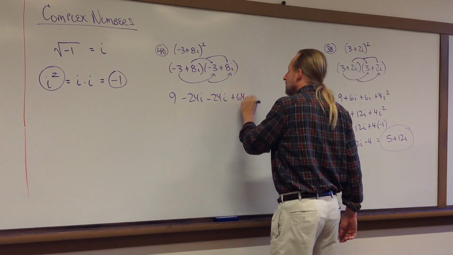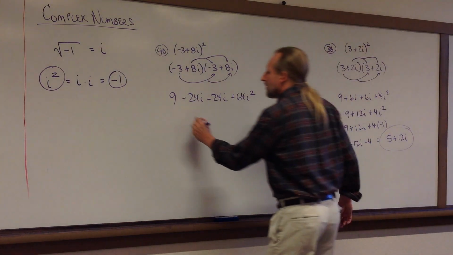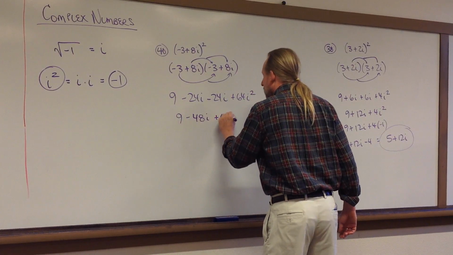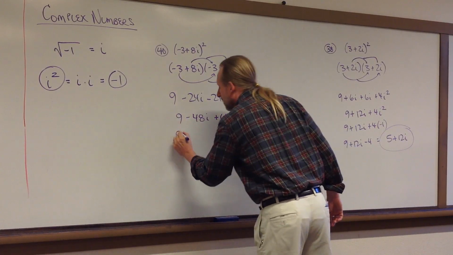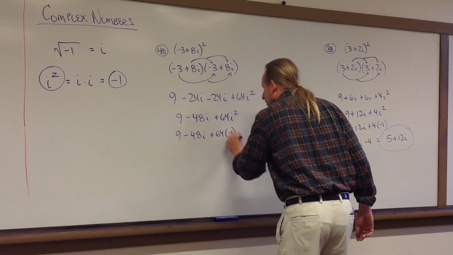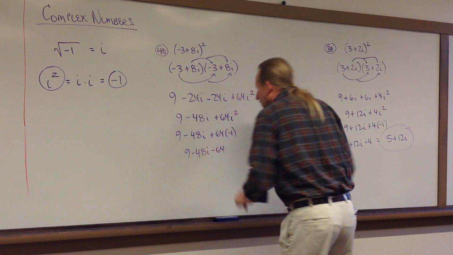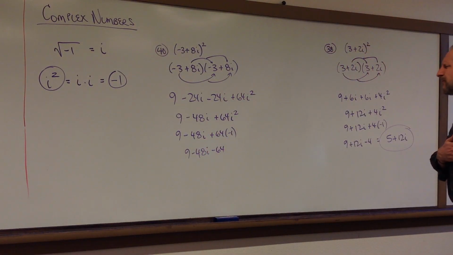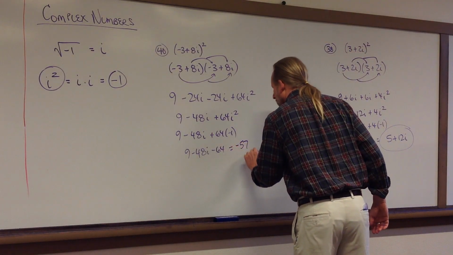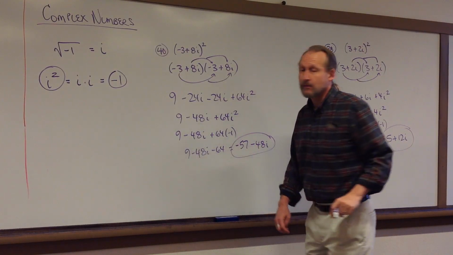And then a positive 64i squared. So 9 minus 48i plus 64i squared. Replace that i squared with negative 1. So 9 and minus 64, what is that going to give us? Negative 57 minus 48i. And there we go.